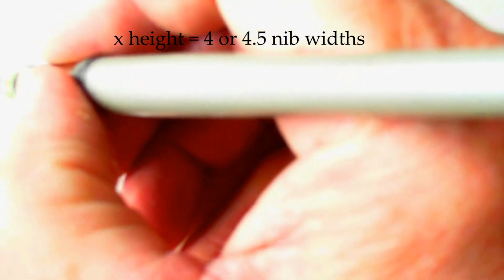If I stack my nibs like this, that's 4 nib widths. Anne Camp, in her book Pen Lettering, suggests 4.5, so it's up to you, but I'm just doing 4 for simplicity, and because I prefer it very slightly heavier.